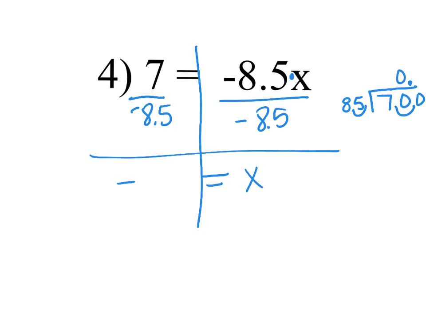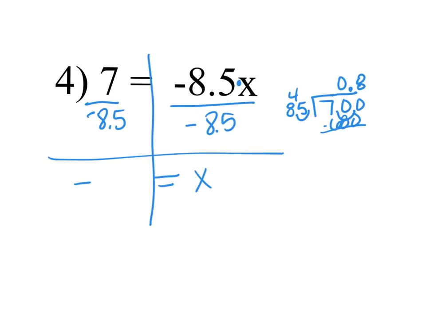85 won't go in there, but it'll go into 700 8 times, I believe. 68, and we could keep on going. Get 20, give 200. It would go 2 times and be 170.